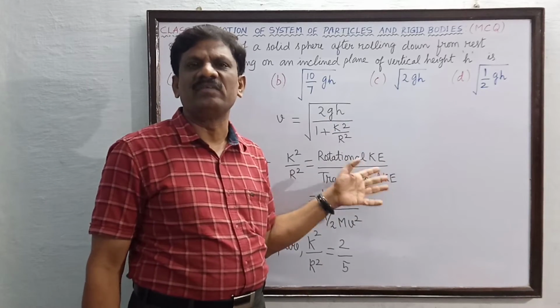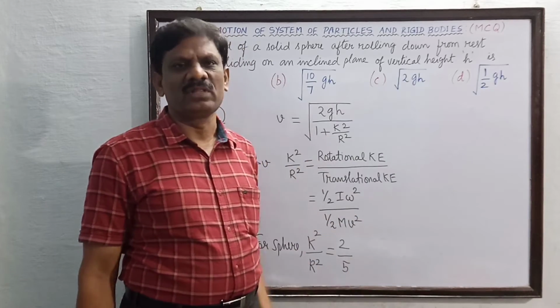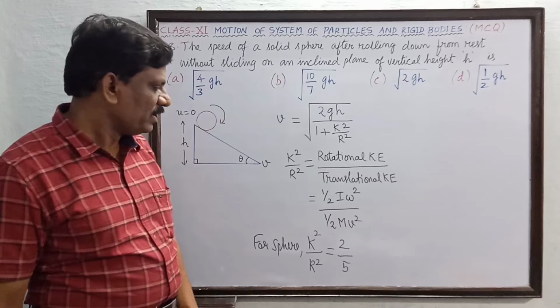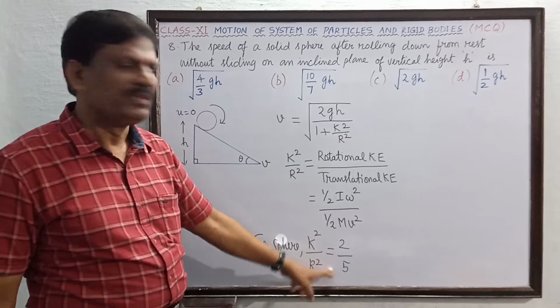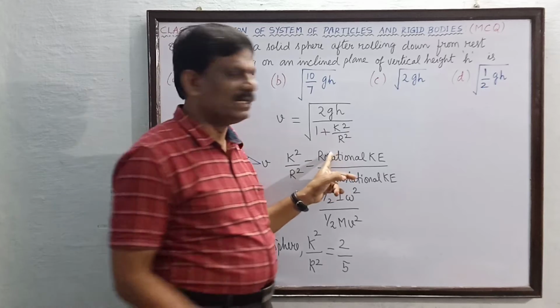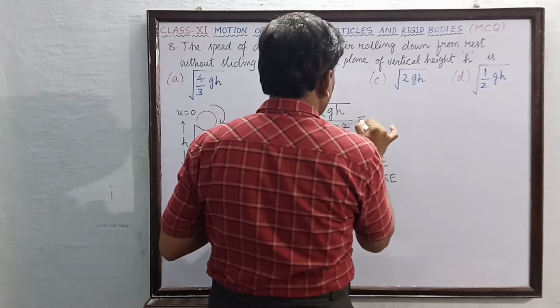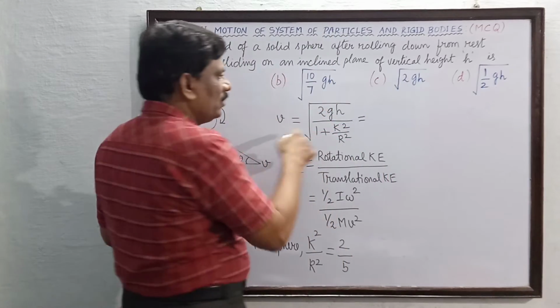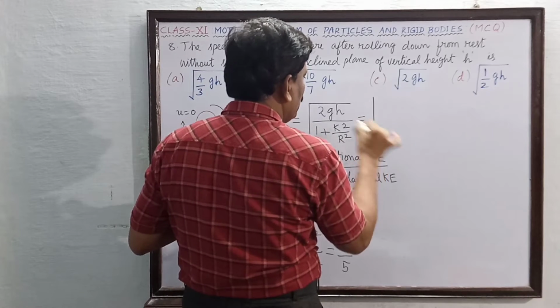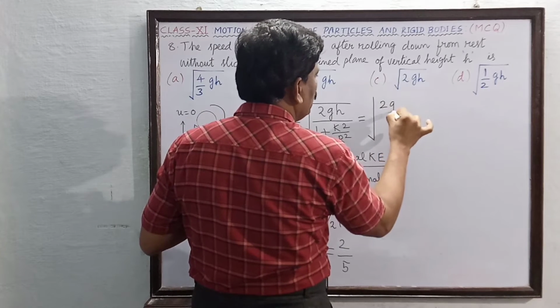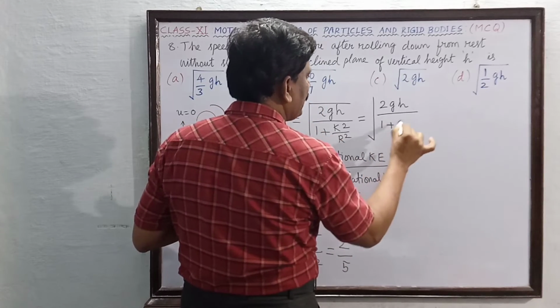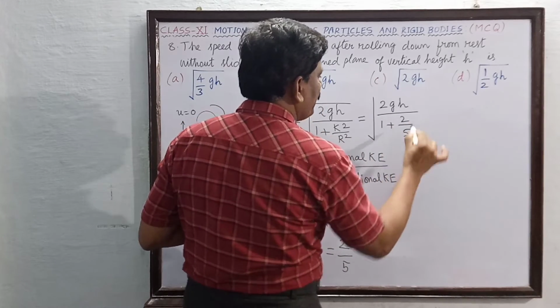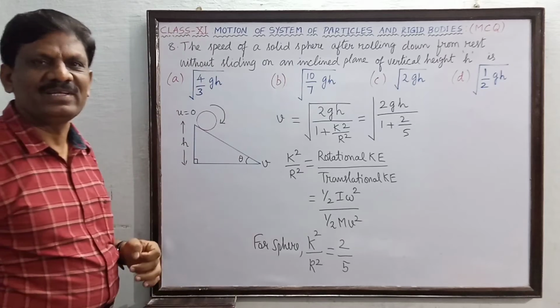We must keep all of this at our fingertips before going to the competitive exam. So what can we substitute in place of this k square by r square? 2 by 5, isn't it? So now v is equal to square root of 2gh divided by 1 plus 2 by 5 in place of k square by r square.